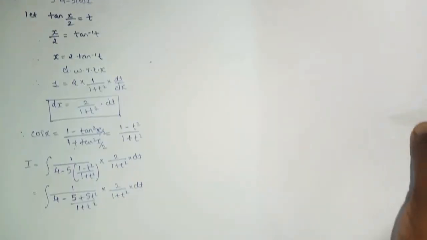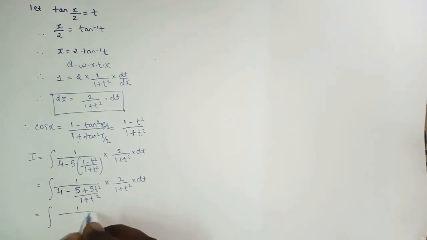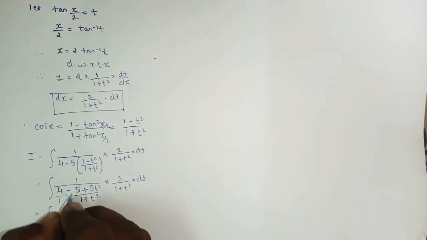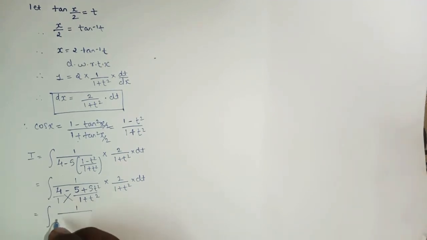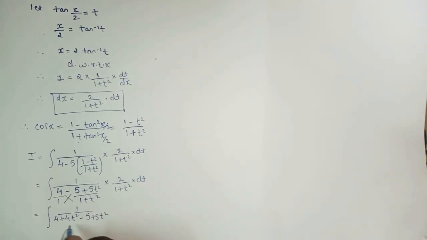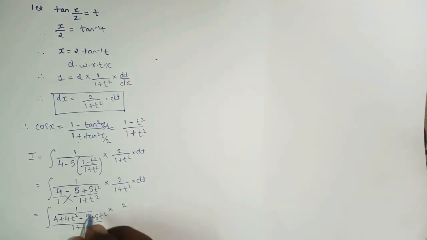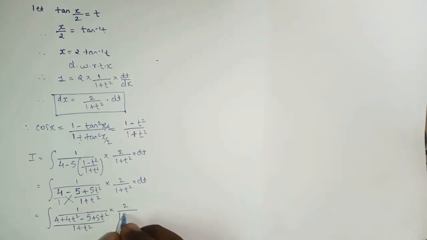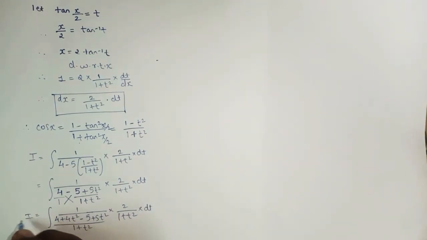Next, here nothing is there, so we'll write 1 and cross multiply. When you cross multiply, you will get 4 plus 4t square minus 5 plus 5t square upon 1 plus t square into 2 upon 1 plus t square into dt. I hope you all understood till here.